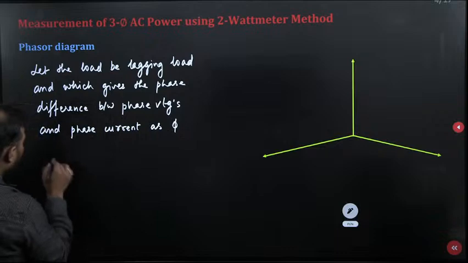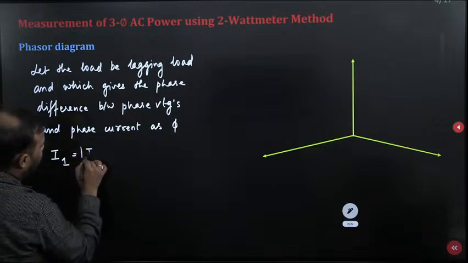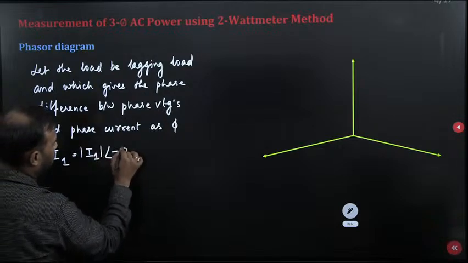So here your I1 current is the magnitude of I1 in polar form, lagging by an angle of minus phi.